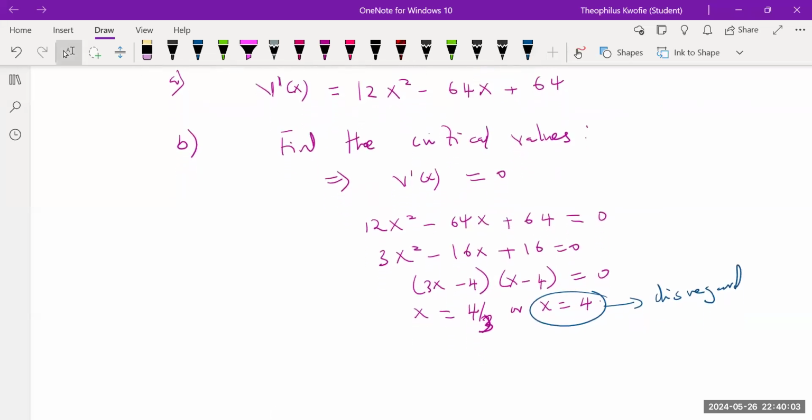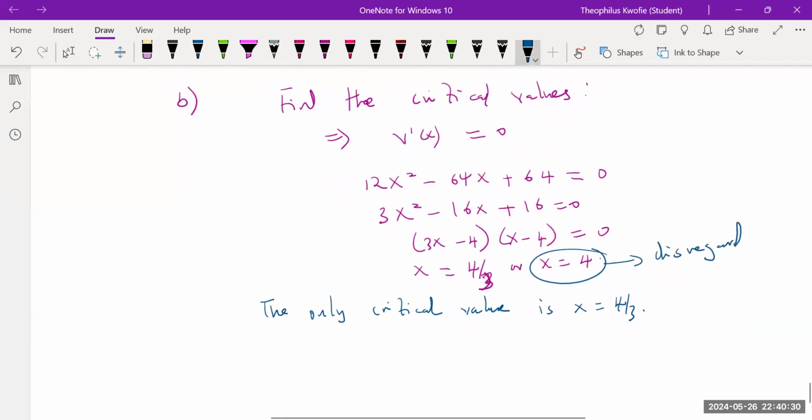All right, so in that case, the only critical value will be x equal to 4 on 3.